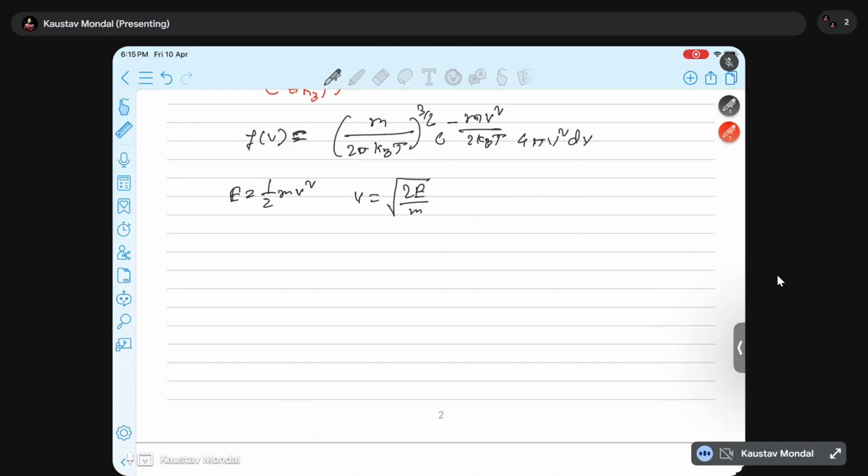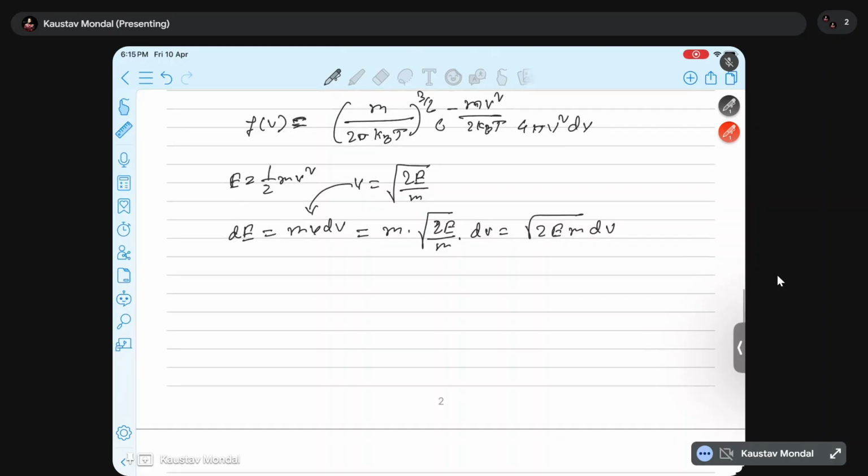Now we also have to use the differential form: dE equal to mv dv, right? So we can substitute here, so it will become m into root of 2E by m into dv, so dE equals root of 2Em dv. Okay.